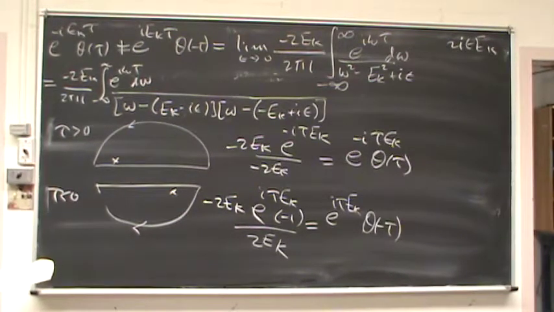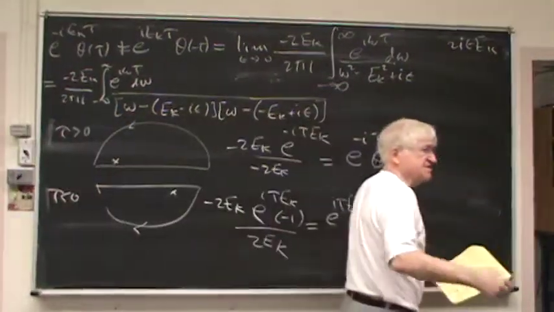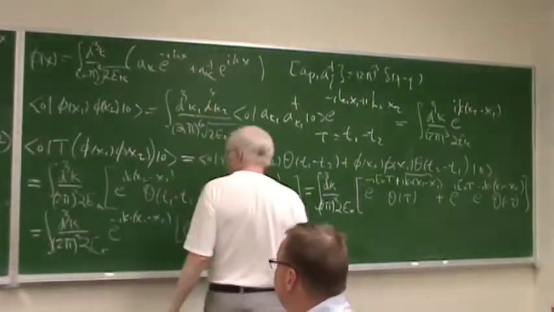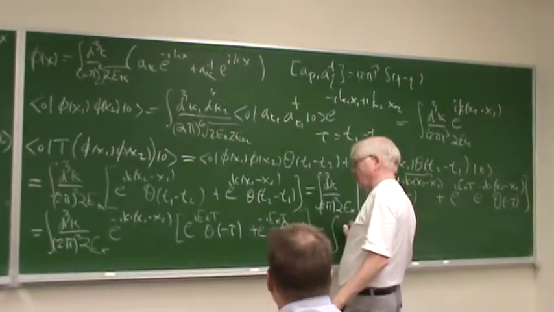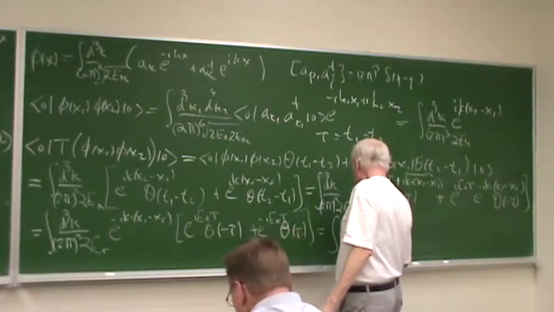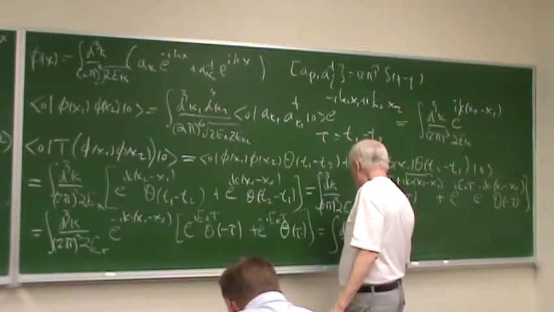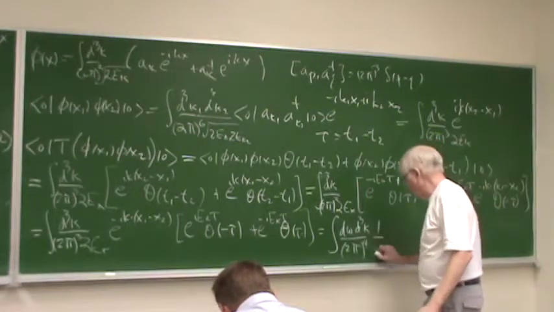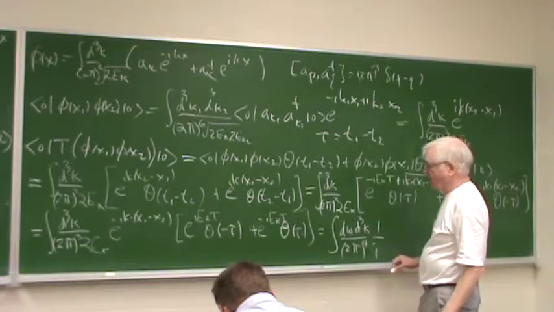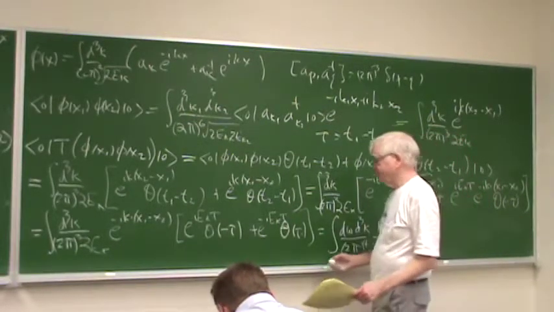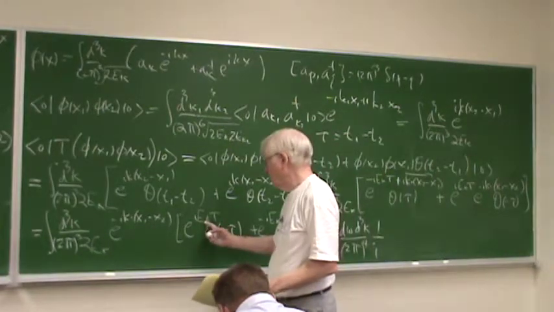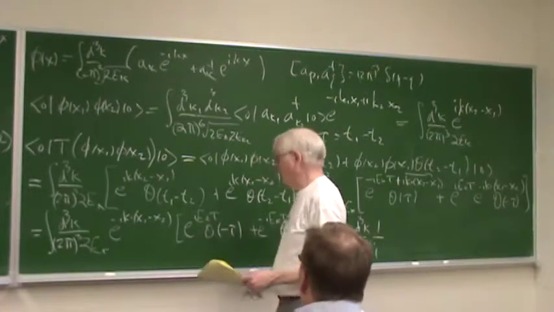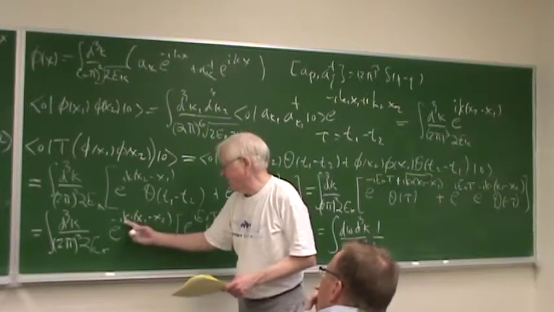Oh, I'm a couple of seconds over. Well, here, let me just finish it by saying that this thing is the extra contour integral. So this is an integral d omega d cubed k over 2 pi to the 4th i, and now we can again flip the sign of the 3 vectors.